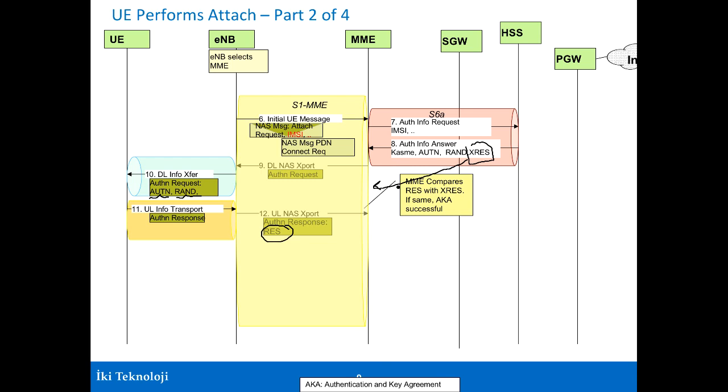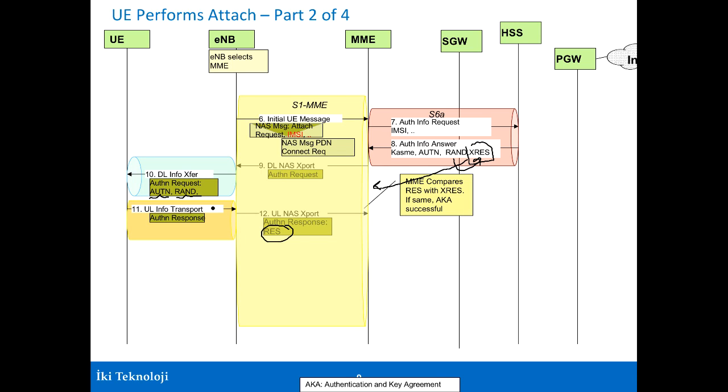Some key is provided, a random value and an expected response are provided, and if the UE responds with that same number, this is the UE, because nobody other than this mobile could have created this response from this random value.